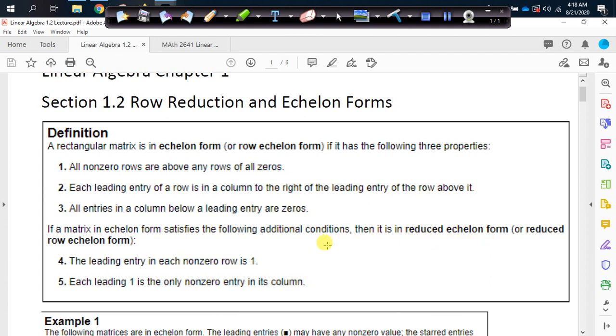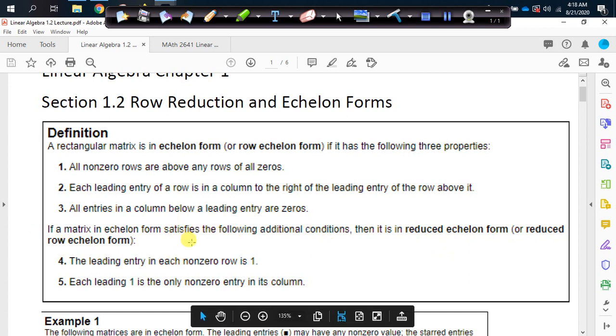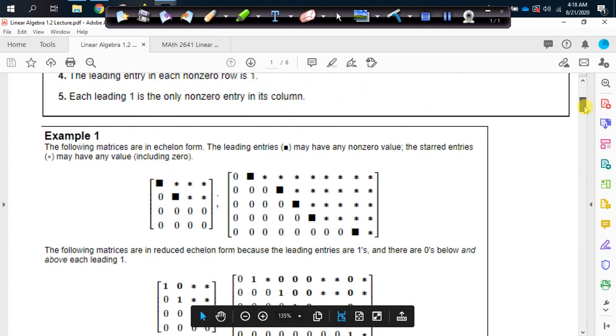And then you can actually just read off the solution if there is a solution. So the leading entry in each non-zero row is 1, and each leading 1 is the only non-zero entry in its column.